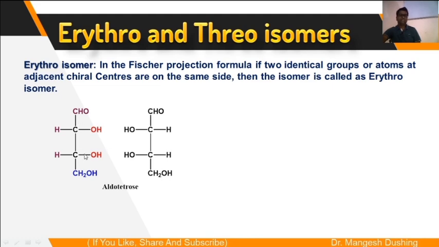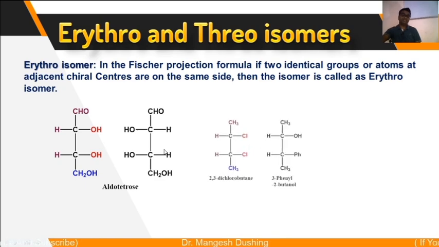That's why this type of compound is called an erythro compound. Here also the OH are on the same side of this main skeleton. In the Fischer projection formula, these H, H are on the same side, that is the right hand side. So these types of compounds are called erythro compounds.